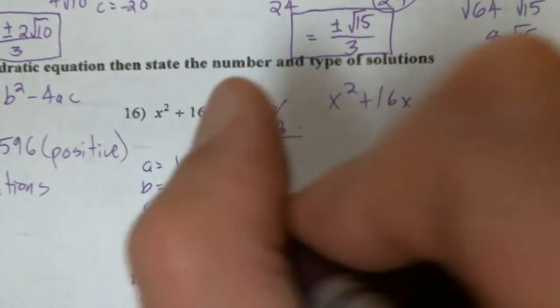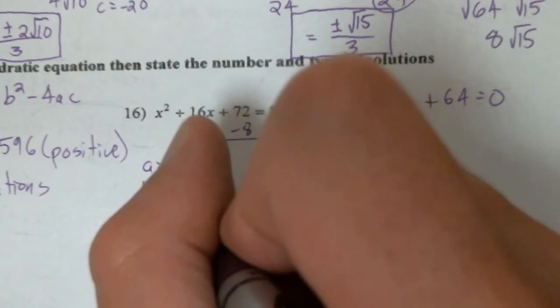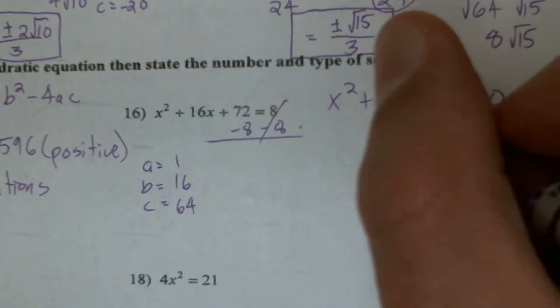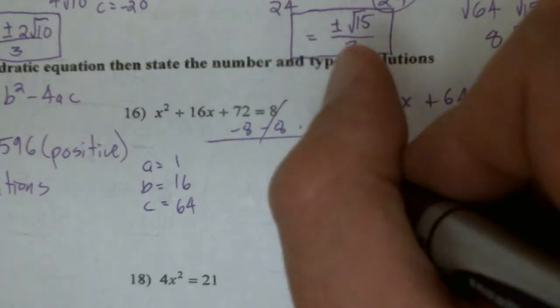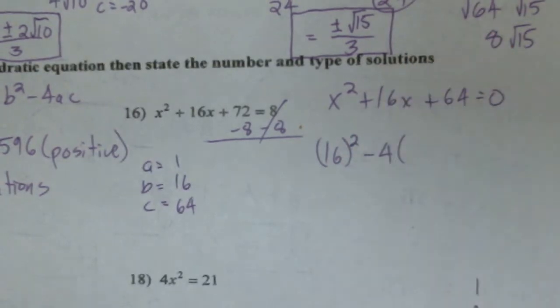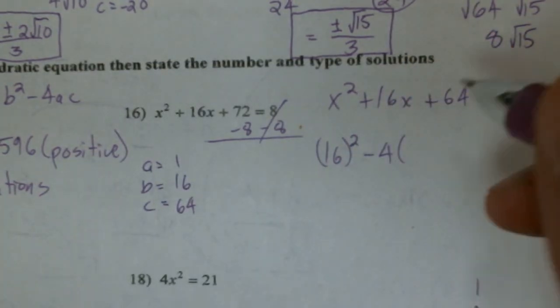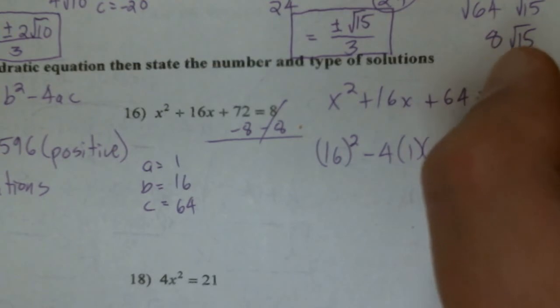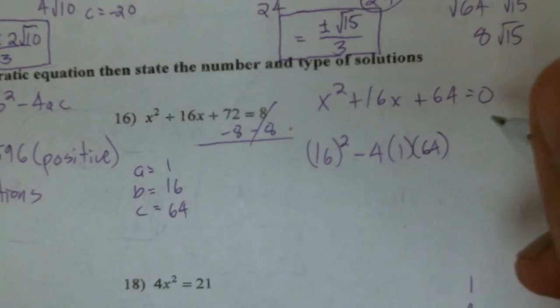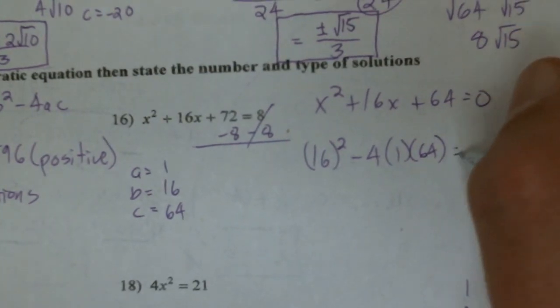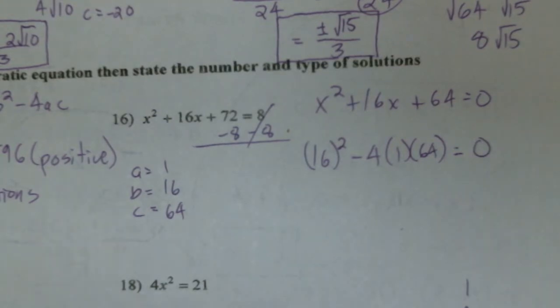A is 1, B is 16, C is 64. So I have B squared, sorry about that, B squared minus 4 times A times C. Okay, if you do that, that comes out to be 0.